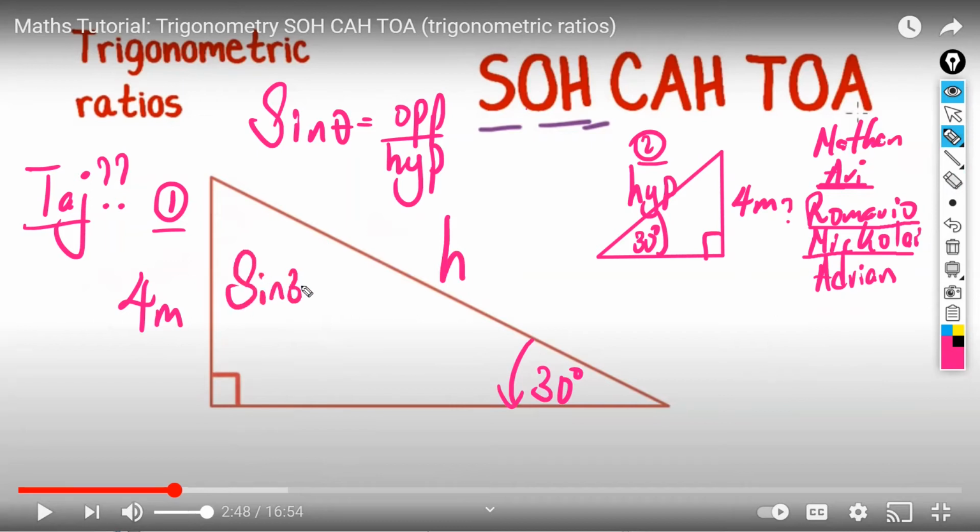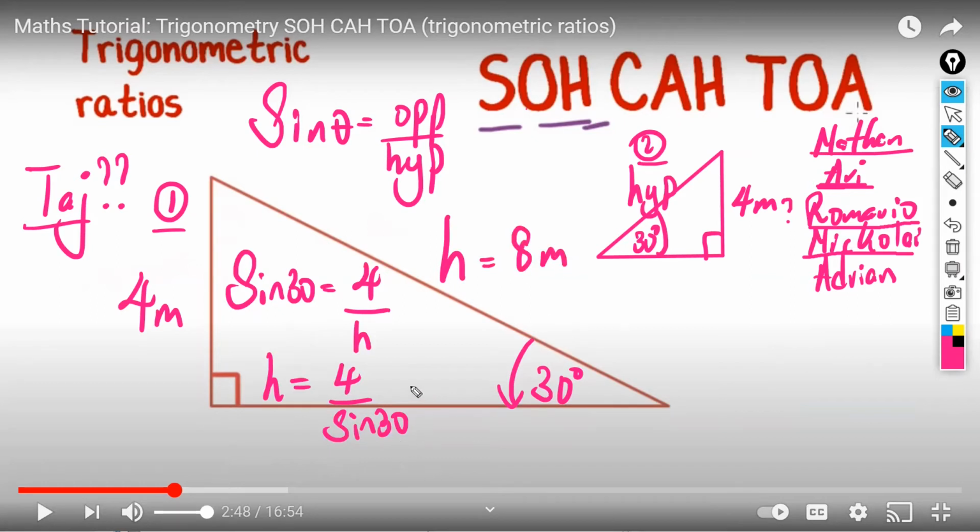Sine 30 is equal to 4 over the hypotenuse. Hypotenuse is equal to 4 divided by sine 30. So Nathan, it should be 8, right? 8 meters because sine 30 is 0.5. 4 divided by 0.5 gives us 8. Yeah. So Nathan, I know you got it. Ari, you had said 8 as well. Romario, making sense to you?